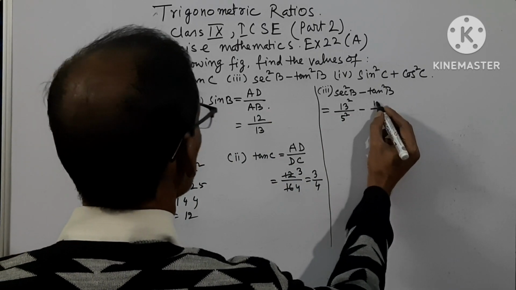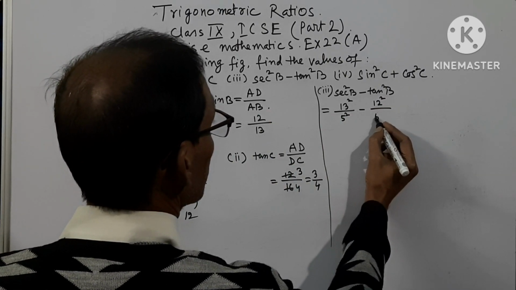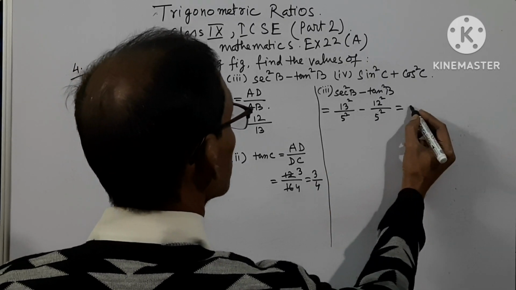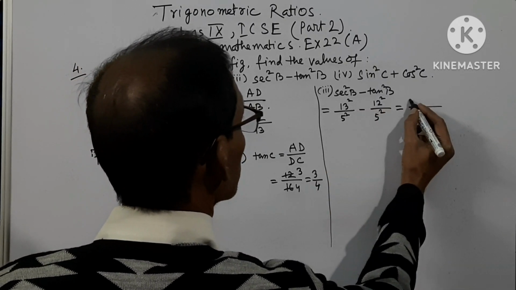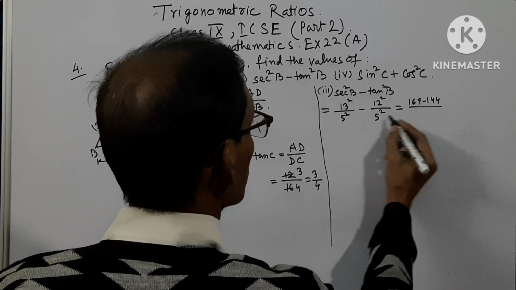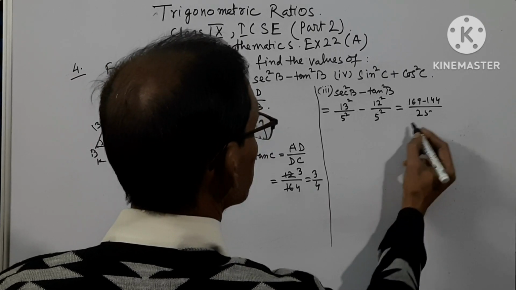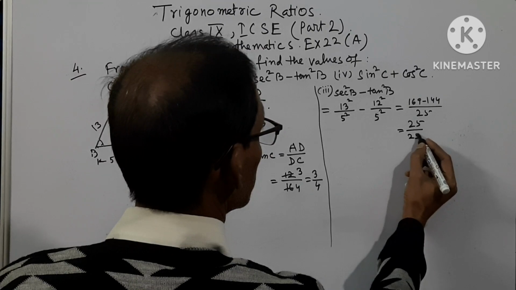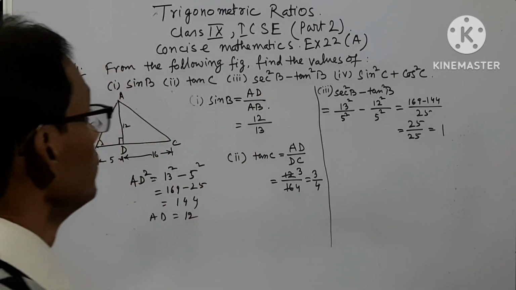So 12 square by 5 square, which is 169 minus 144 by 25. So 25 upon 25 equal to 1.